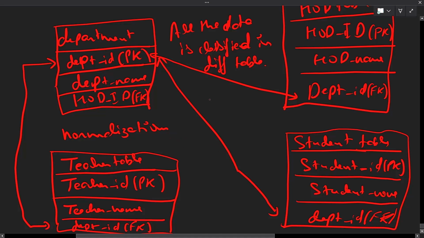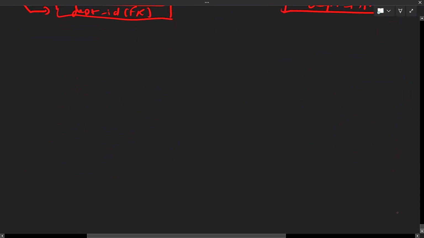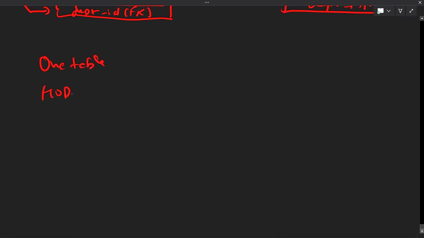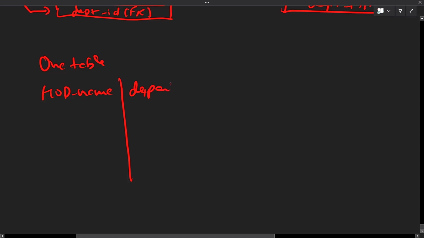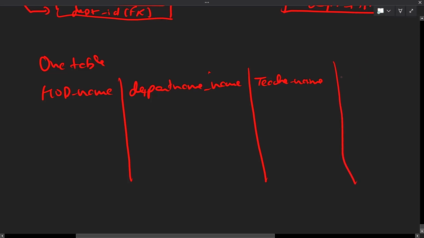Just for an example, suppose we put everything into one big table, one table which has HOD name, and then department name, and then the teacher name, and then student name.